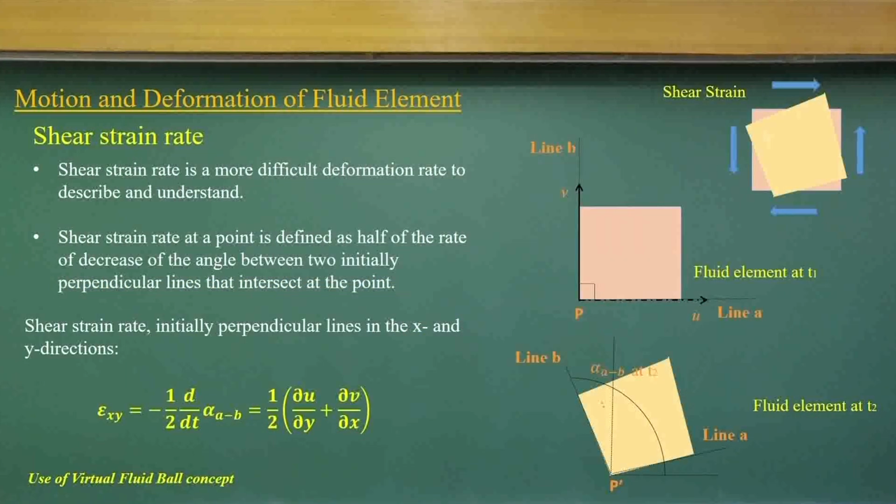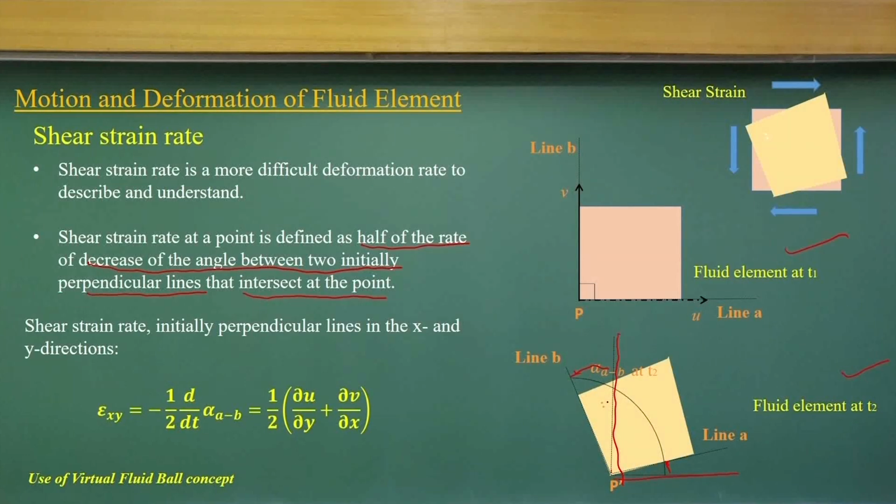Now, let us go to the shear strain rate. The shear strain rate is half the rate of decrease of the angle between two initially perpendicular lines that intersect at a point. What this says is, if you look at this figure, we have the fluid element at time T1 and the fluid element at time T2. At time T2, this line has moved by angles alpha and beta.